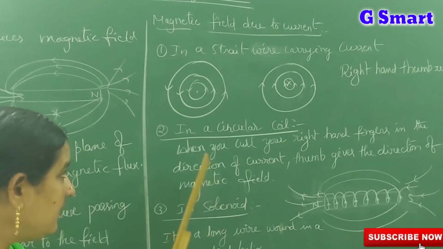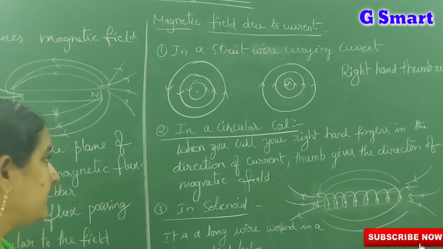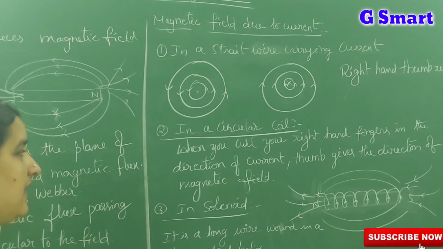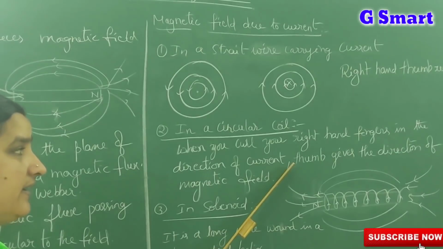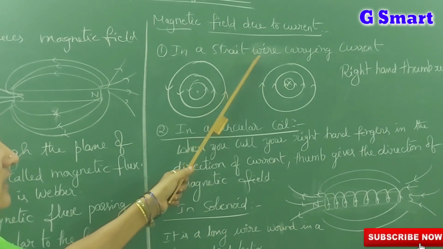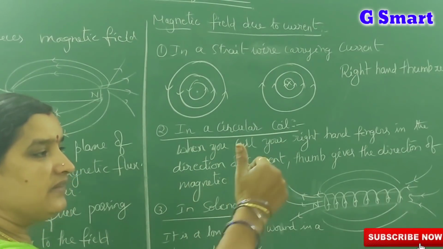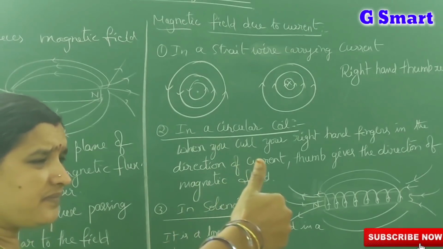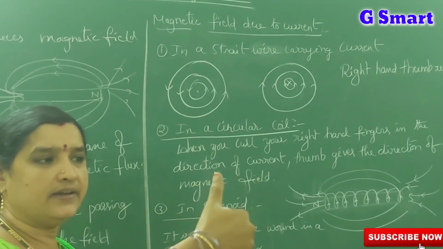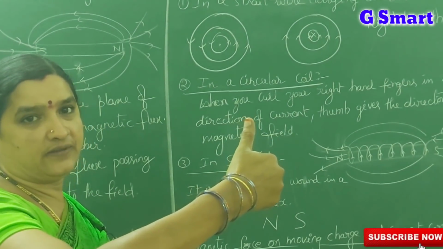In the same way, if you take a circular coil, how do we get the direction? When you curl your right hand fingers in the direction of current, the thumb gives the direction of the magnetic field, the reverse of the straight wire carrying current.